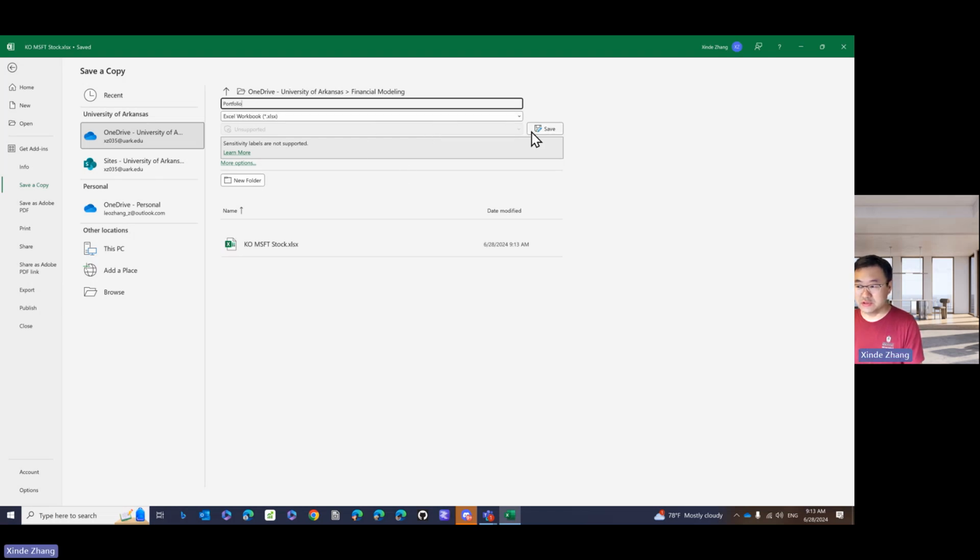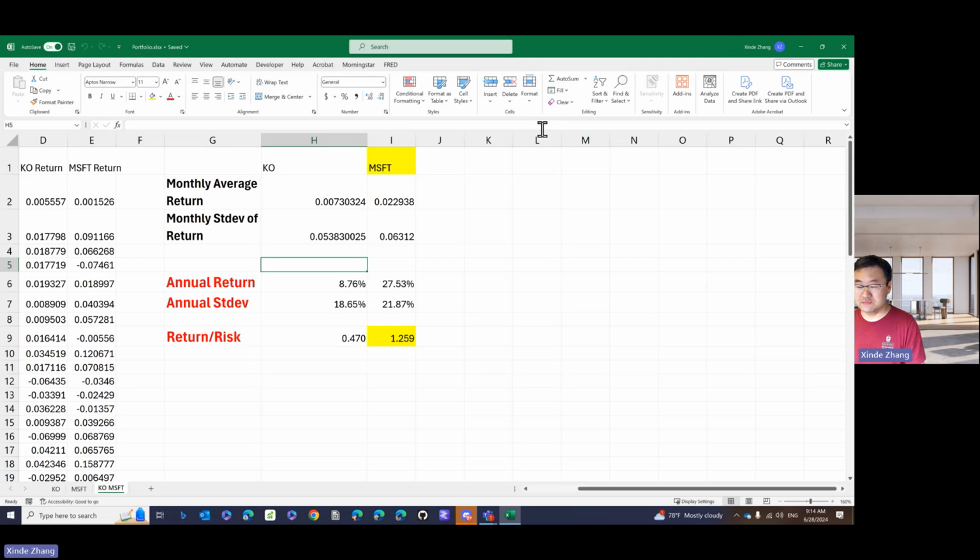Now I'm going to click on Save. Now you can see that the file name actually changed to portfolio.xlsx. I'm going to work on this so that I don't mess up the original stock analysis.